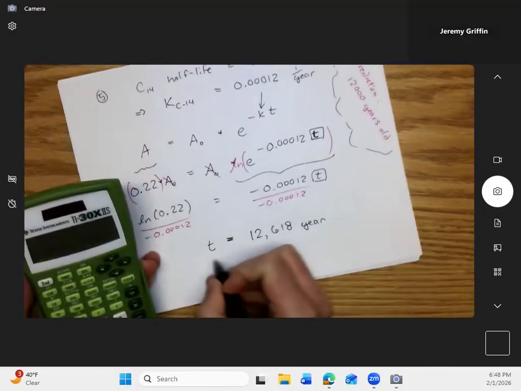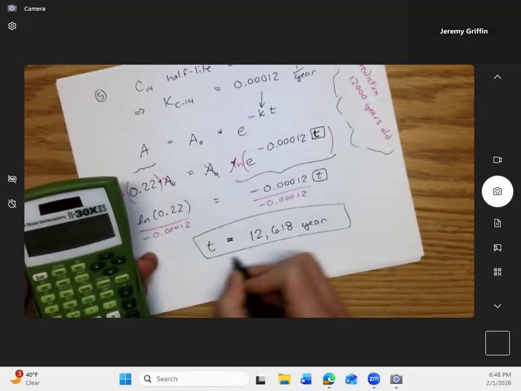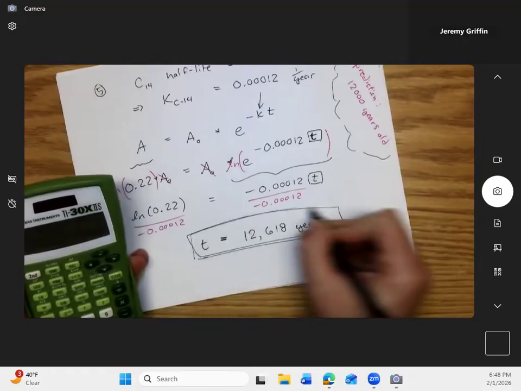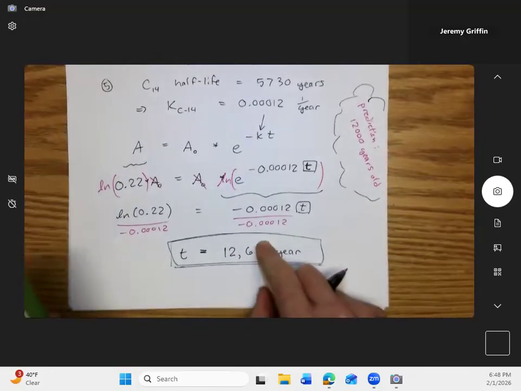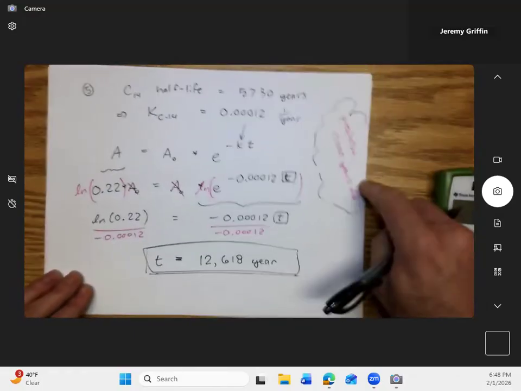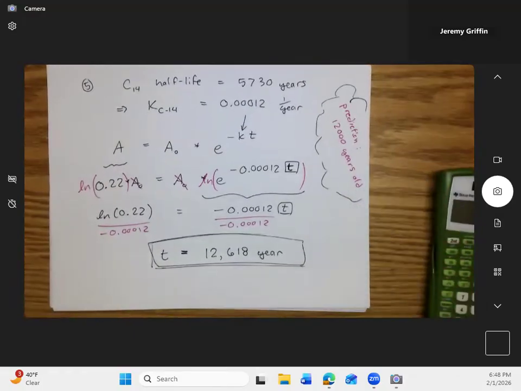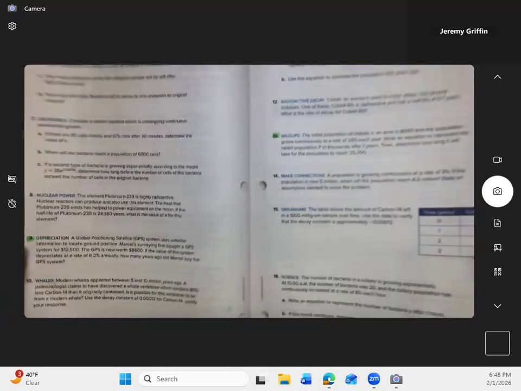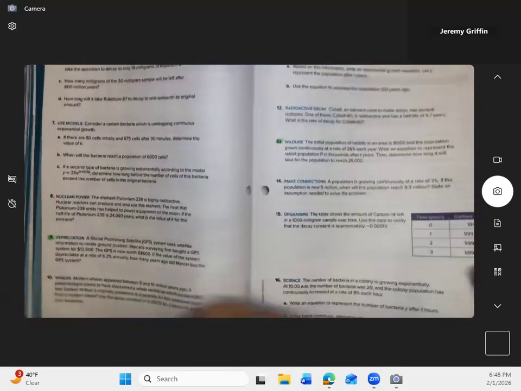So about 12,600 years. That extra 18 is probably too much precision, but you say about 12,600 years old. That's pretty close to what I was thinking it should be. Pretty good. How old's the artifact? It's very old.